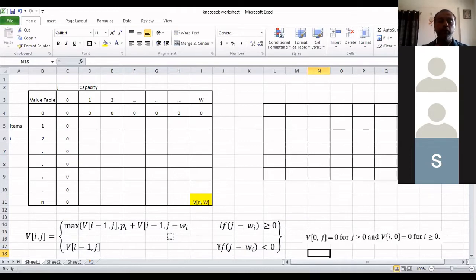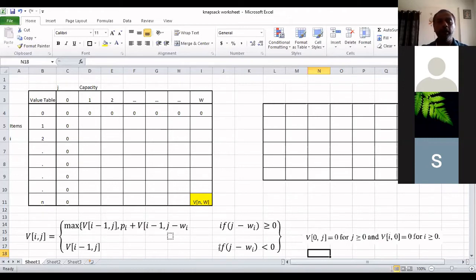Now, when we can't accommodate the item, what do we do? When we can't accommodate, we will not include that item in our knapsack. Very simple. There is not much rocket science in this. If you can accommodate, then the profit of the knapsack increases.